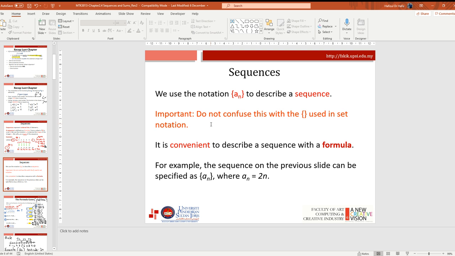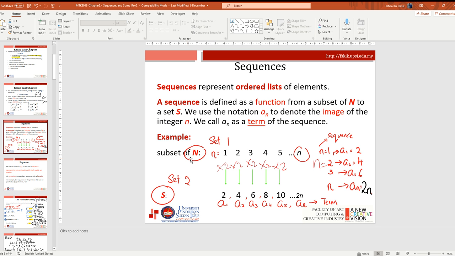Most importantly, do not confuse it with the brackets used in set notation. It is convenient to describe a sequence with a formula, where a_n is equal to 2n, because every time n is multiplied by 2, this also multiplies by 2, and so on until the limit.